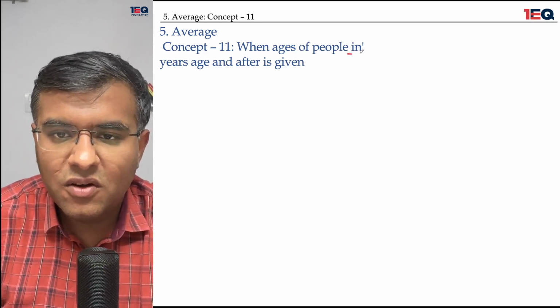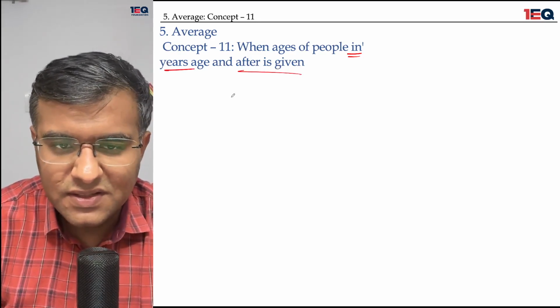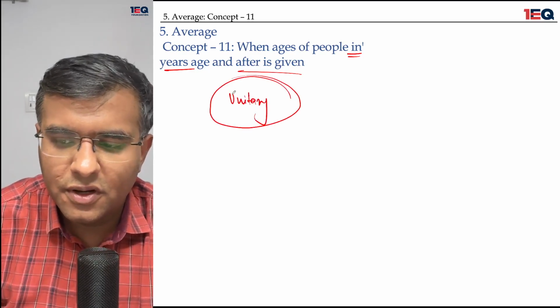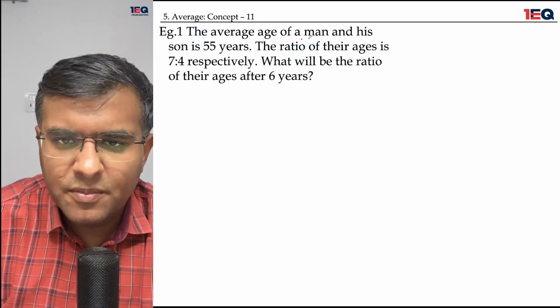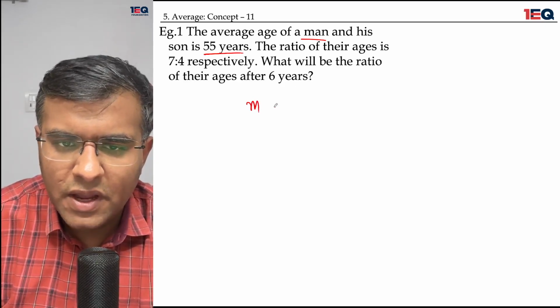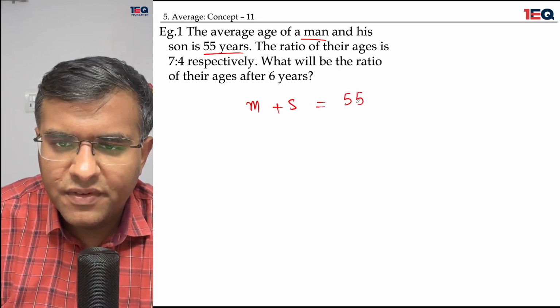When ages of people in years before and years after is given, this is usually done with the help of the unitary concept, but we'll still try to manage it. The average age of a man and his son is 55 years. Man plus son is equal to 55 years.